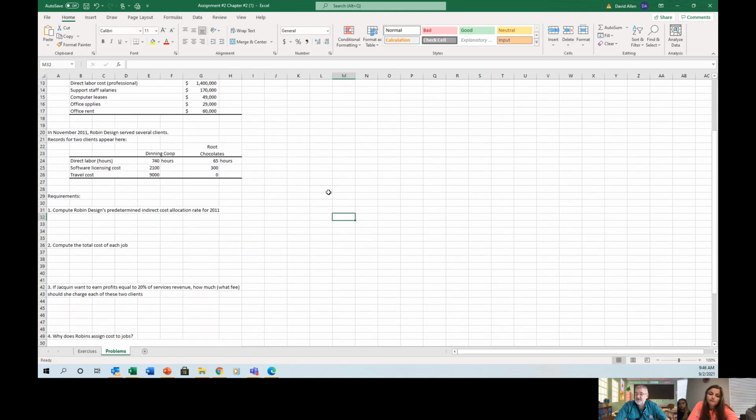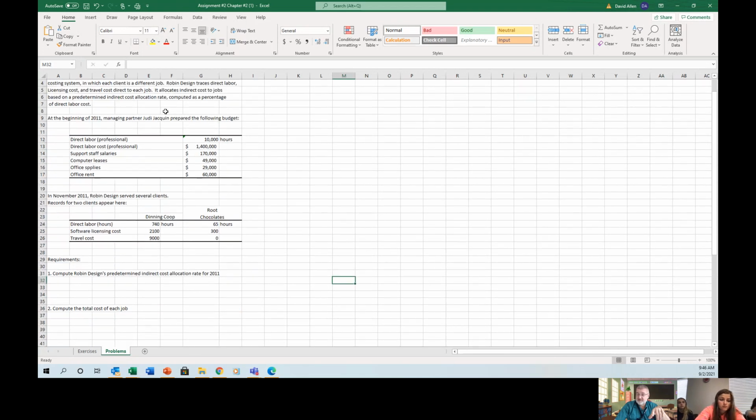What you've got to do down here, first, is determine what the indirect allocation rate is. You can go back to the notes, the slides, and exercise 223. That'll help you. Then figure out the total cost for the job, which means adding the right things from the direct labor, the licensing, the travel, and the indirect costs.